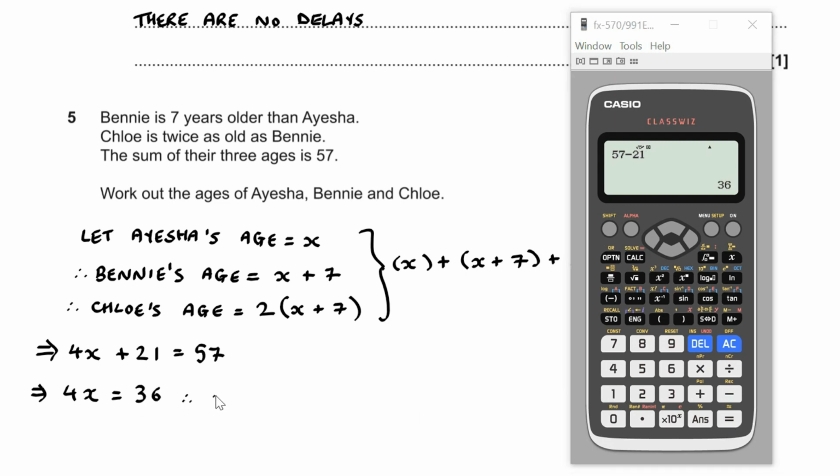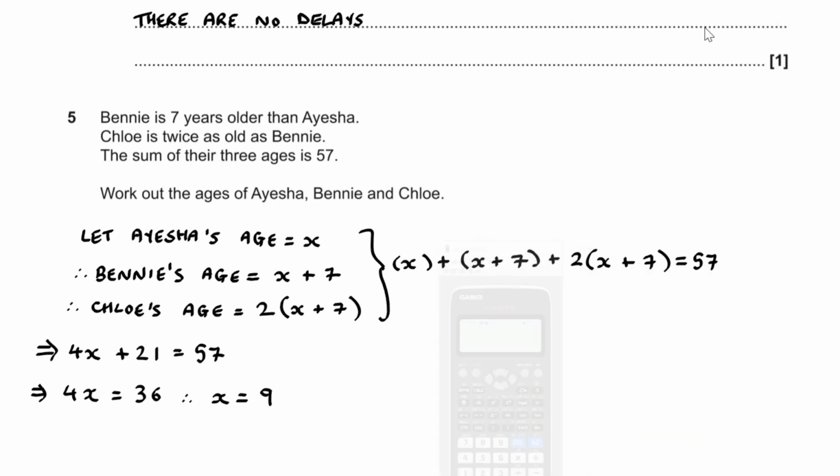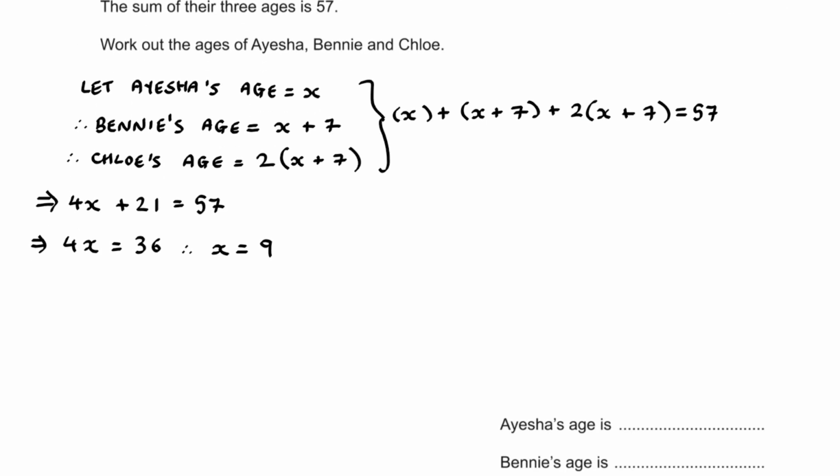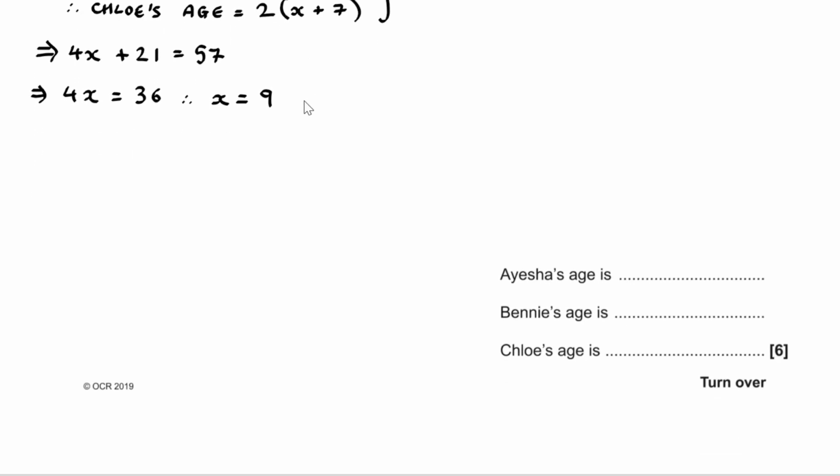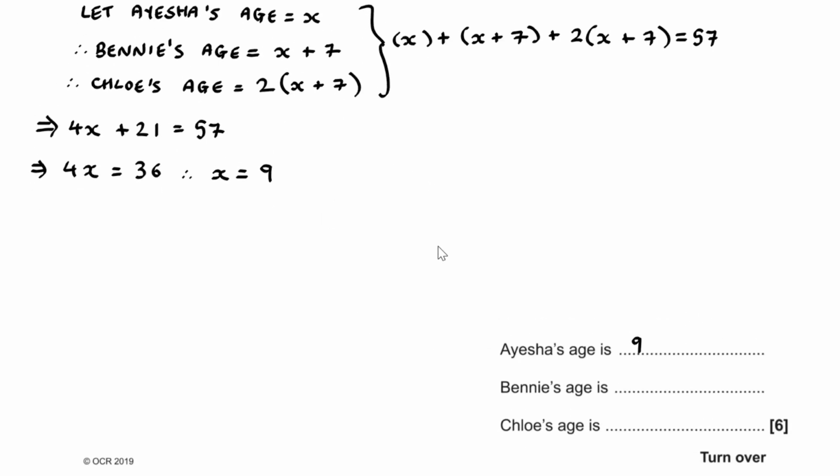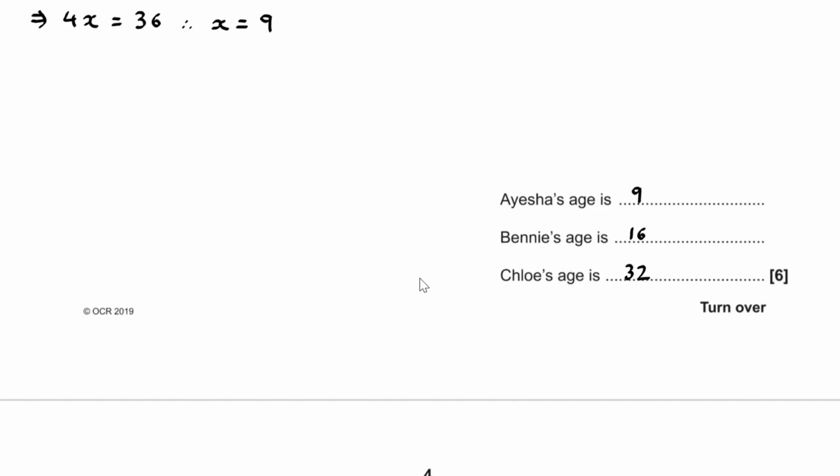And therefore, x is equal to 9. 36 divided by 4 gives us 9. So therefore you can see, because we let Aisha's age equal x, her age is 9, Benny's age is 7 more than 9, so 7 plus 9, that's 16, and Chloe is twice the 16, which is 32. So here are their ages.